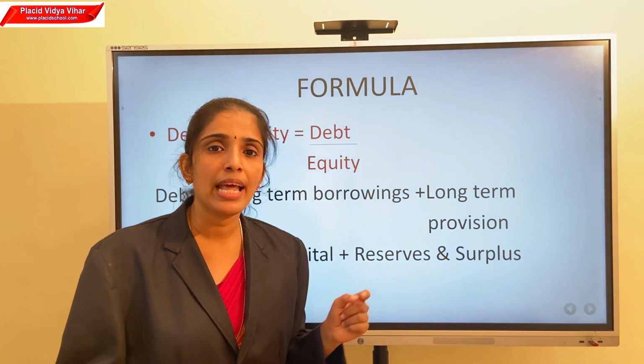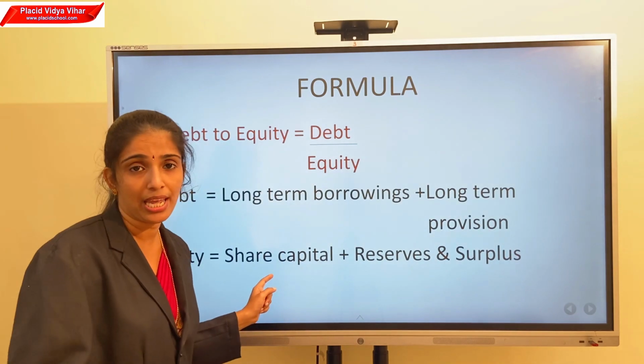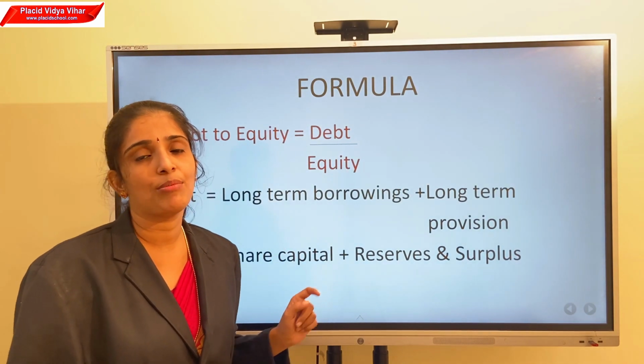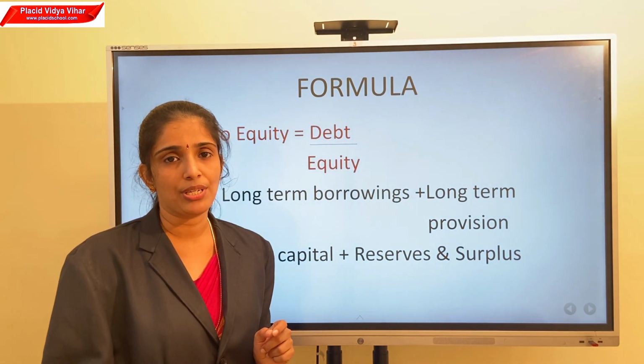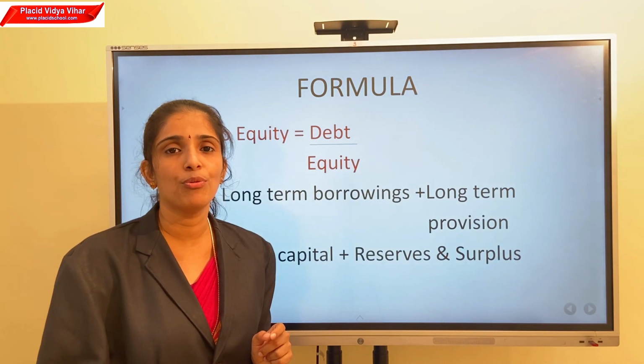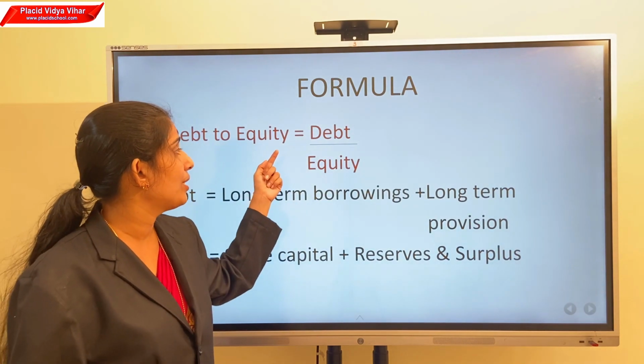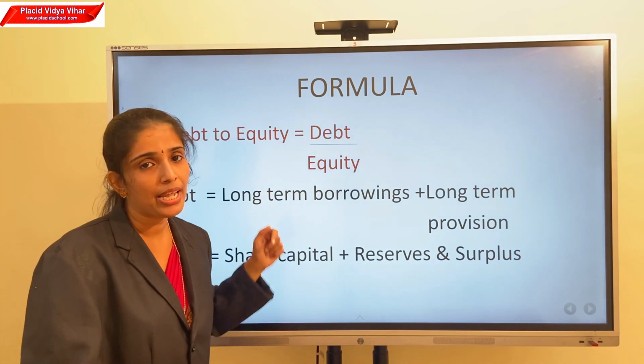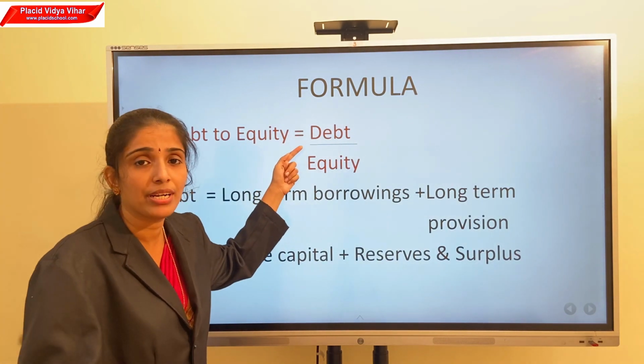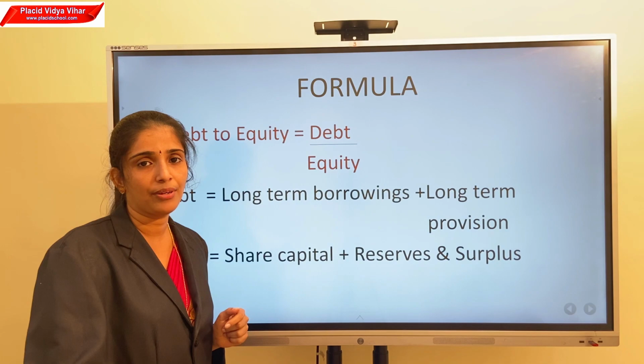If it is a profit, that amount is added to share capital. If it is a loss, that amount is deducted from share capital. That is the formula of a debt equity ratio, that is debt divided by equity. That is the external fund divided by internal fund.